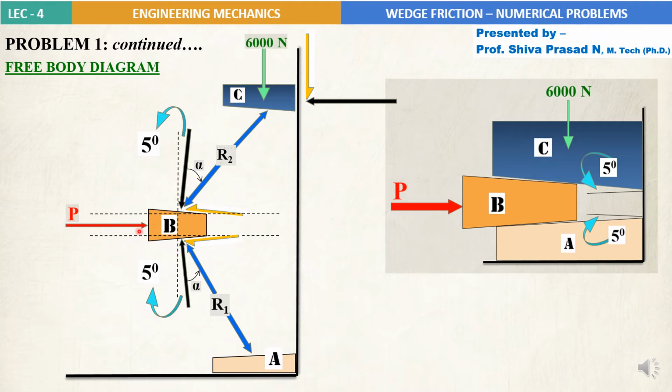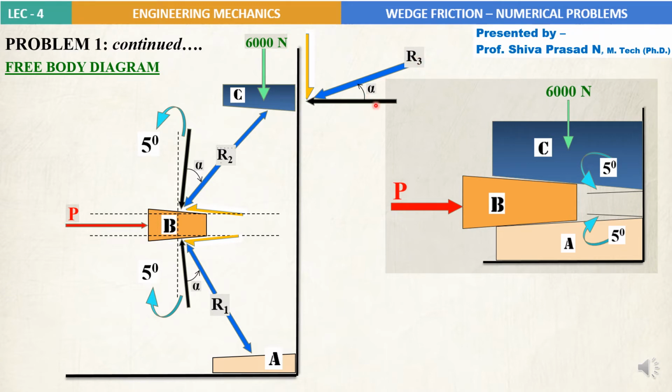Due to the applied force P on wedge B, block C will be lifted upwards, so the frictional force is downwards. And again, in between this frictional force and the normal reaction at the contact surface of C, you have the resultant force between the normal reaction and the frictional force, and I'll represent it with the letter R3.